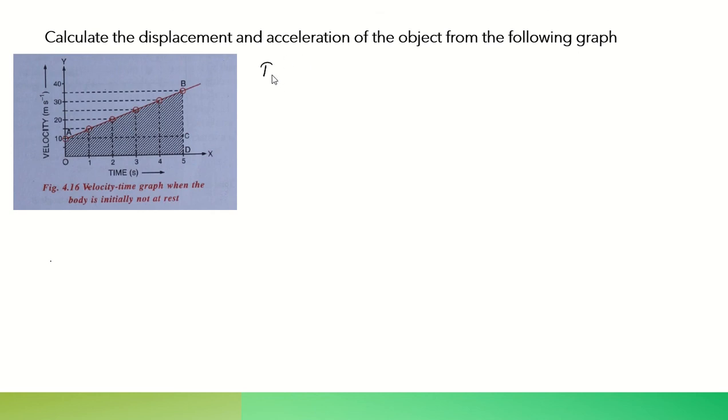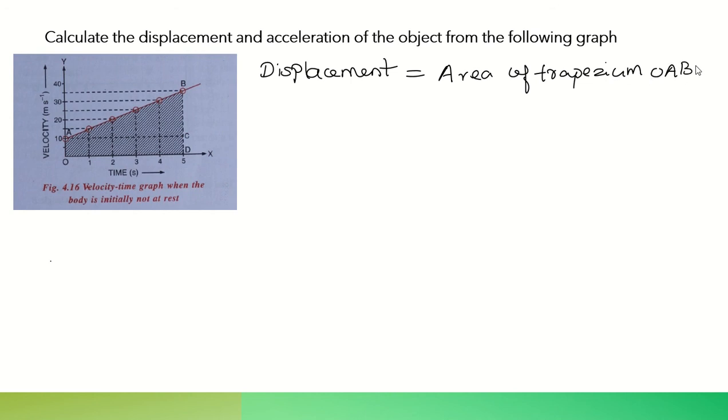So displacement is equal to area of trapezium OABD. Now you will be familiar with the formula, right? So half into sum of the parallel sides. What are the parallel sides here? OA plus BD into height. What is height? Height is distance between the parallel sides, that is OD.